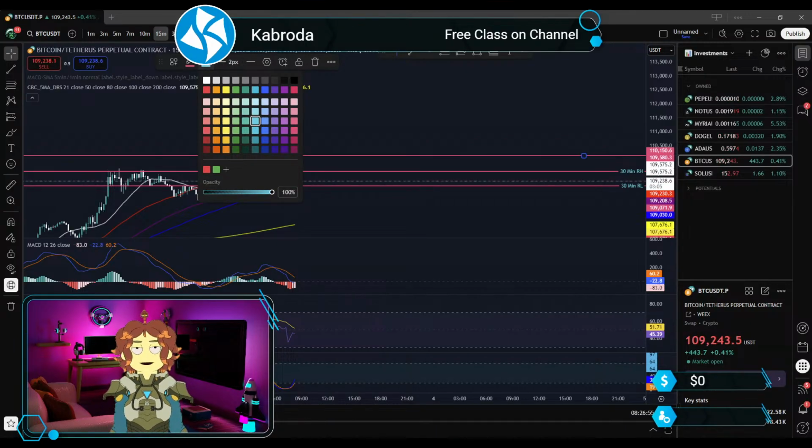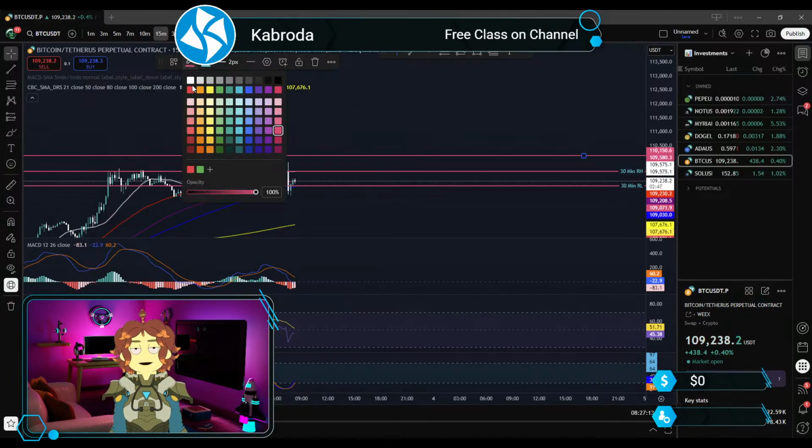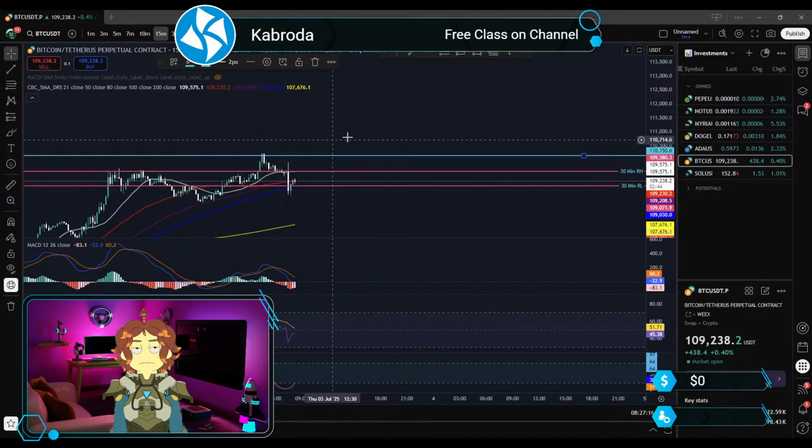If you ask ChatGPT, it will give you a list of more colors so you don't have to decide. But for now, I'm just going to change this one to blue.